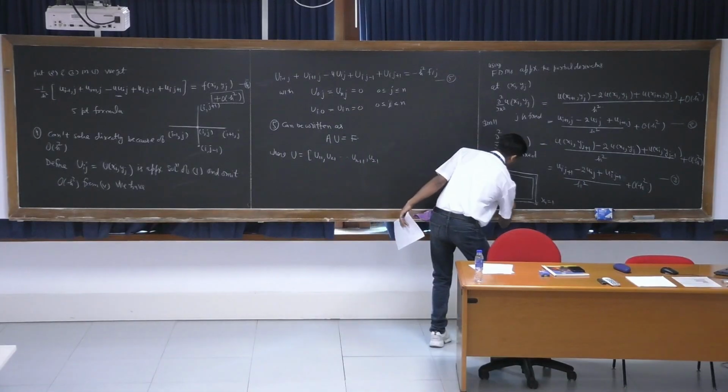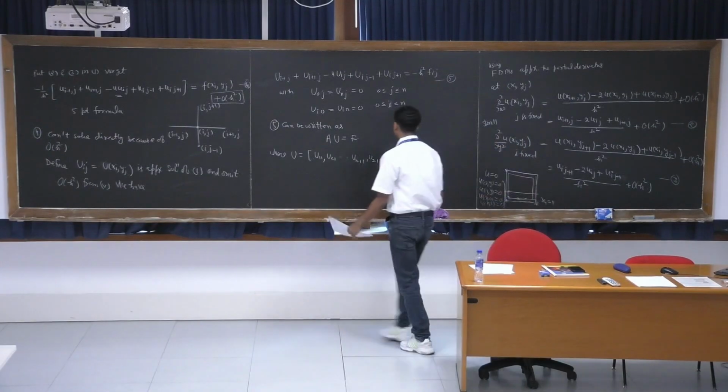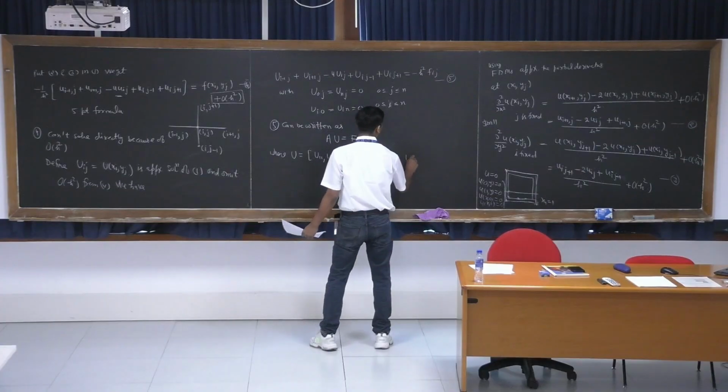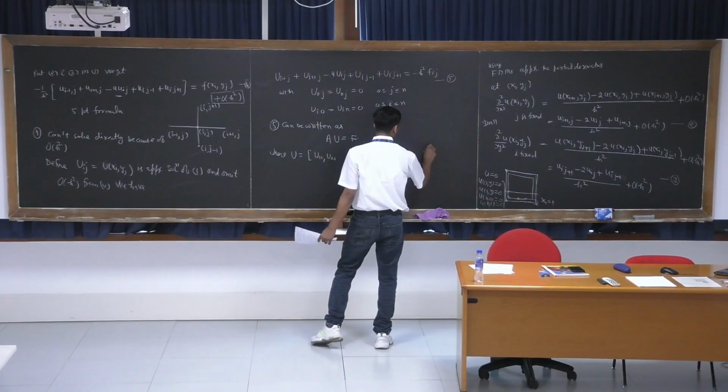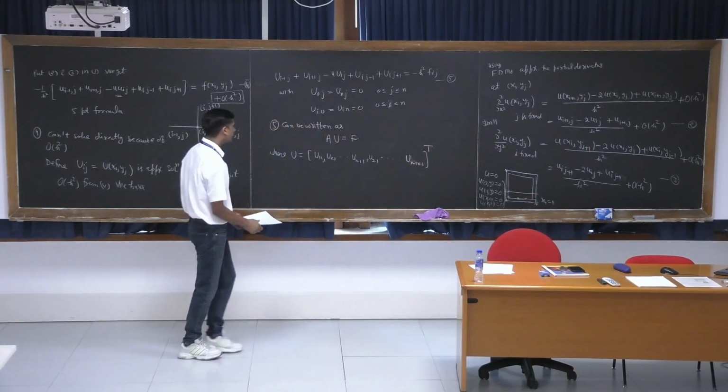Suppose this is my discretized domain. Add this, and then second and third. The last will be n-1, n-1. Okay, this is the solution.